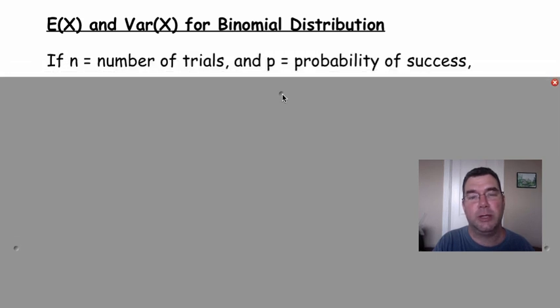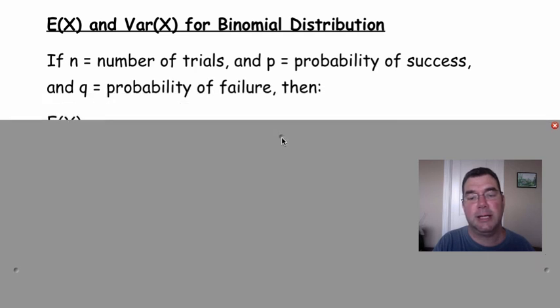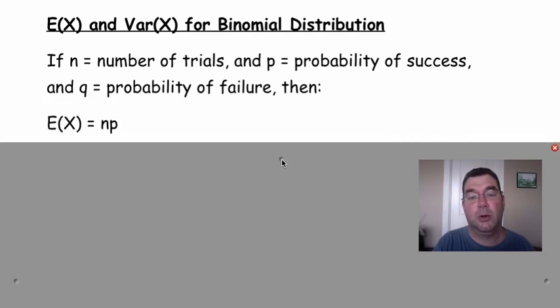Let's talk about what expectation or expected value or mean would be for this distribution and what variance would be. Now you could figure that out using the formulas that I gave you in the previous video, but once you know what they are, I think you're going to want to use these instead of going to the general case of what expectation would be and what variance would be. Your mean is going to be n times p, the number of trials times the probability of success.